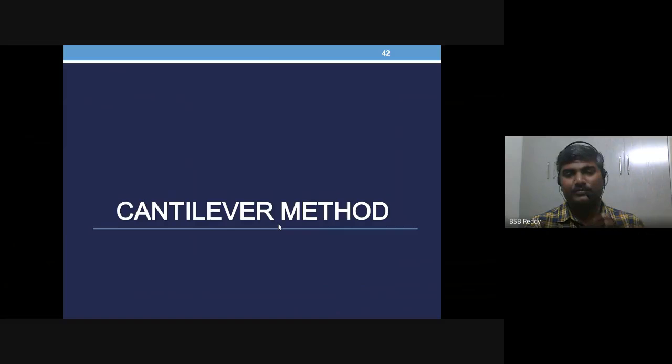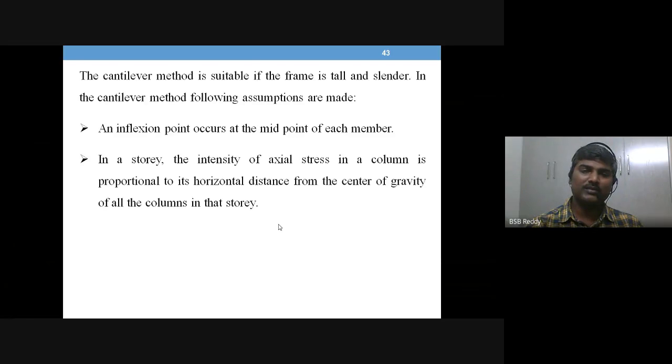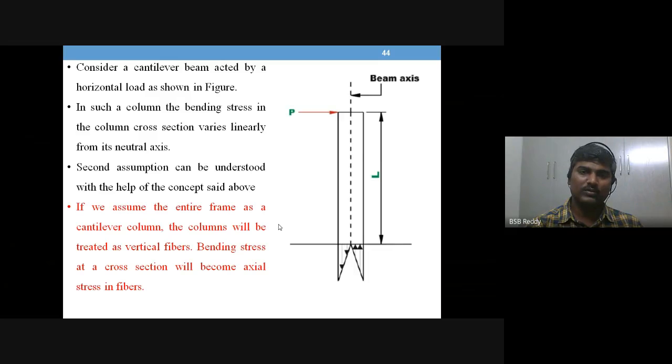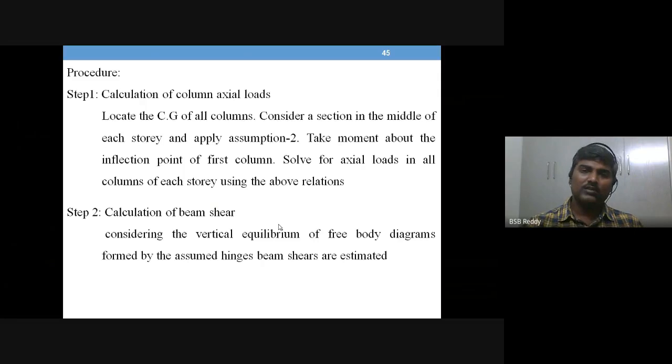Okay, right. As the assumption is on column axial stress, and in turn axial load, we start our procedure with the calculation of column axial load.